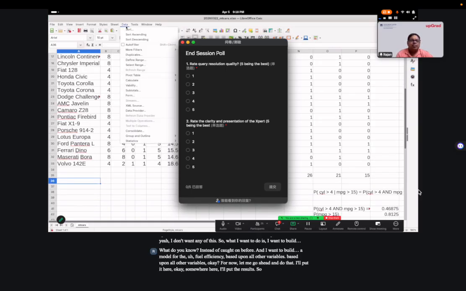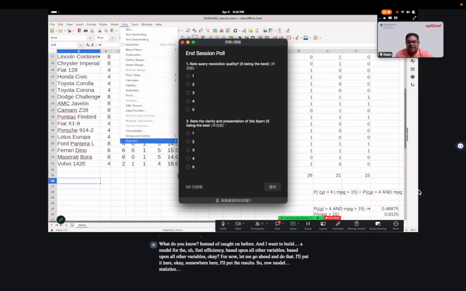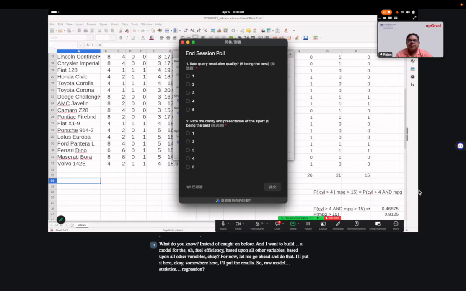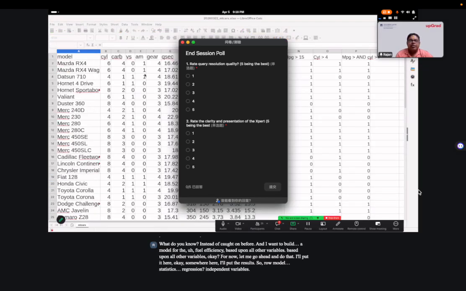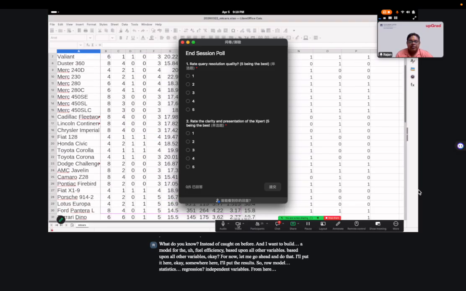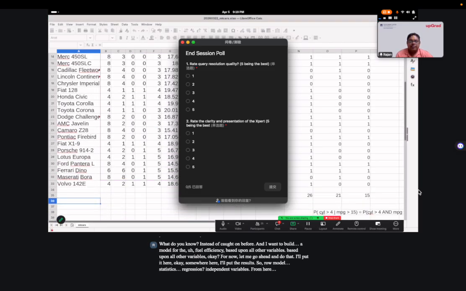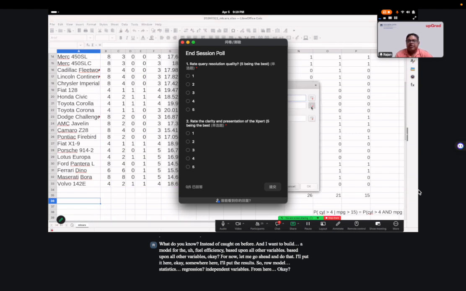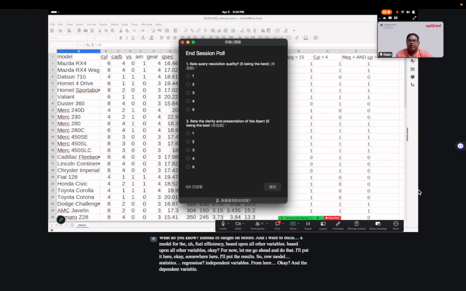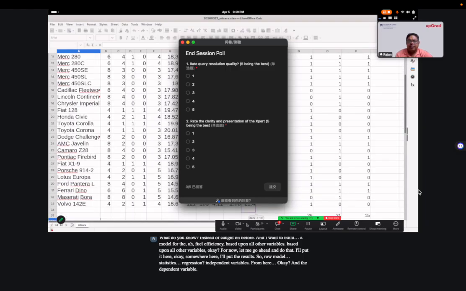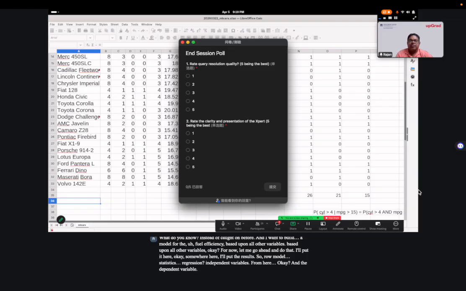So go to model statistics, regression, independent variables from here, and the dependent variable, the last column.